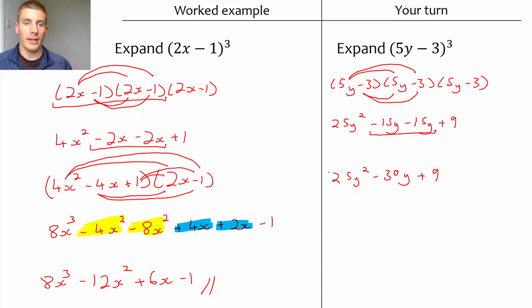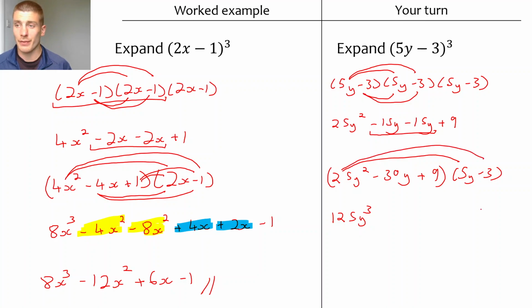And then you multiply this, which is the first two brackets expanded, with the last 5y, take away 3, like before. Working through every term. So we've got 25y squared times by positive 5y, which gives you 125y cubed. You've then got 25y squared times by negative 3, which is minus 75y squared.